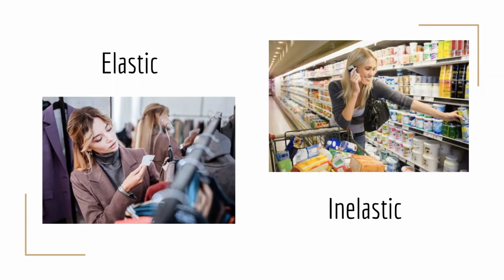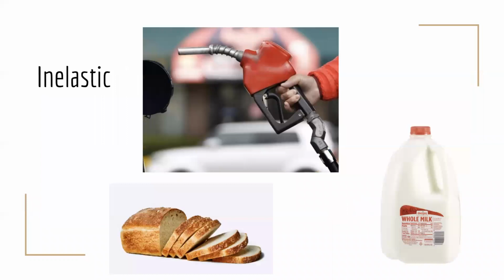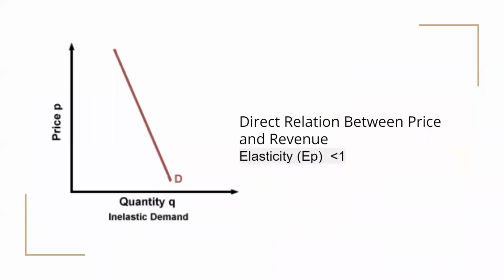For inelastic products, we still buy them no matter what the price is. Usually necessities, or products that you love, go into this category. And here are some examples of inelastic products.